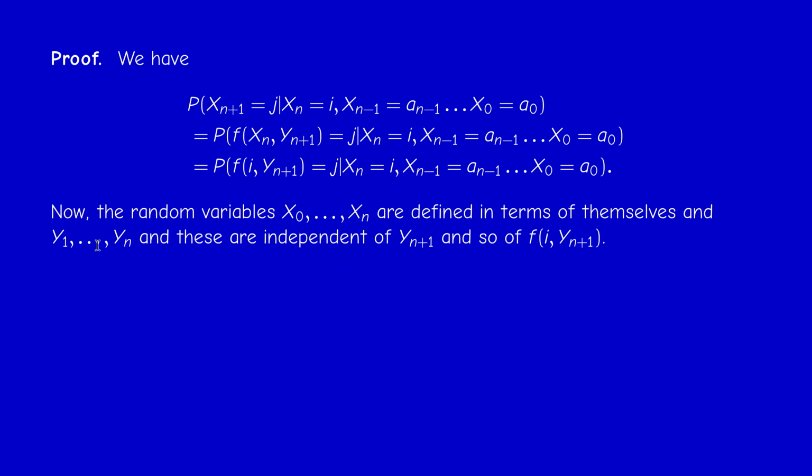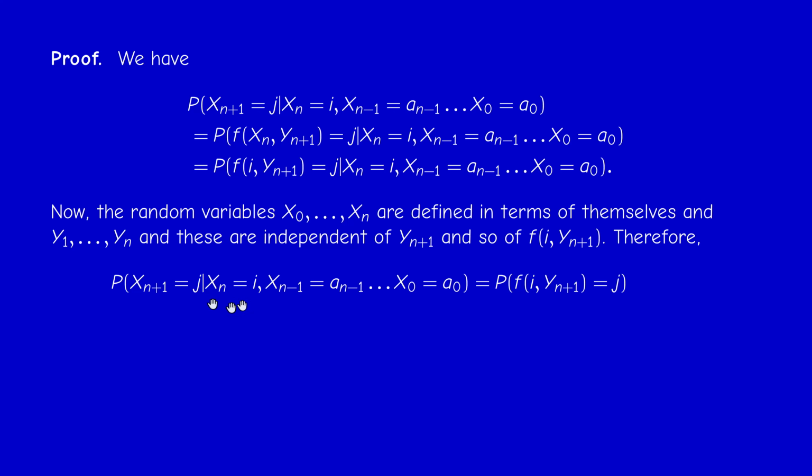Therefore, any function of y1 to yn is independent of any function of yn plus 1. This is something that you prove in probability. So this event is a function of y1 to yn, and this is a function of yn plus 1. Okay, by independence, this event here is independent of this event. And therefore I can eliminate everything before, even the present.